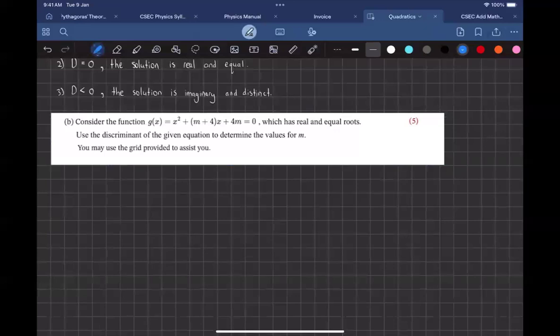Use the discriminant of the given equation to determine the values for m. They say you may use a grid provided, but let's be real, why are we going to use a grid? They just put it there to confuse you.